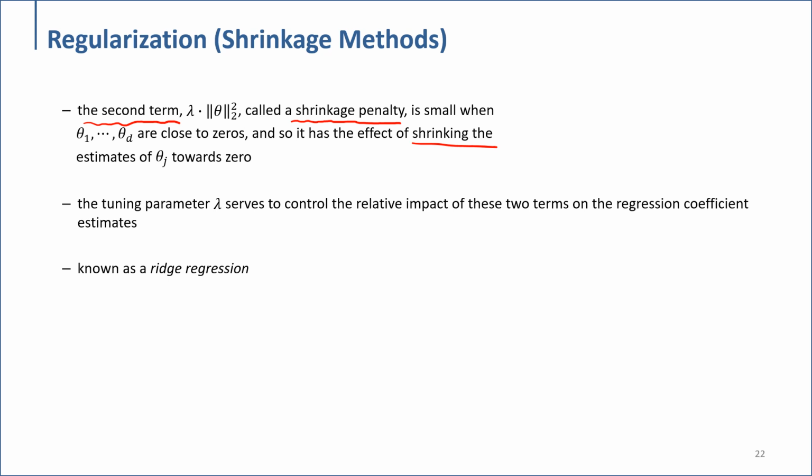The tuning parameter serves to control the relative impact of these two terms on the regression coefficient estimates. These two terms represent the original loss and the magnitude of theta. This problem is also known as ridge regression.